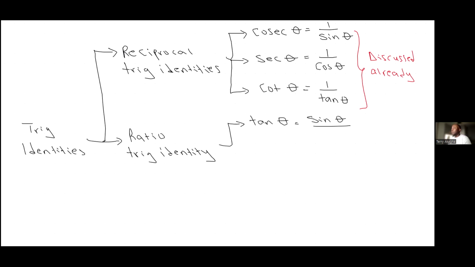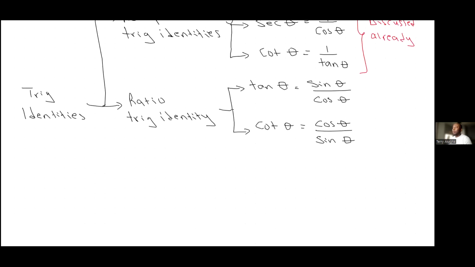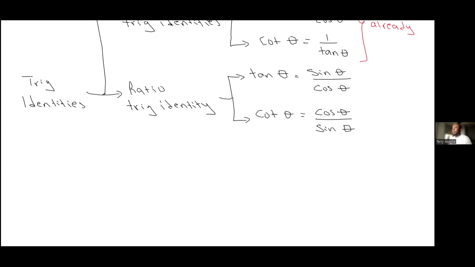Cos theta. Then we'll talk about the concept of cot theta, which is the same thing as cos theta divided by sine theta. Okay? Then the other one I'm going to add to this, I'm going to talk about the Pythagorean trig identity.